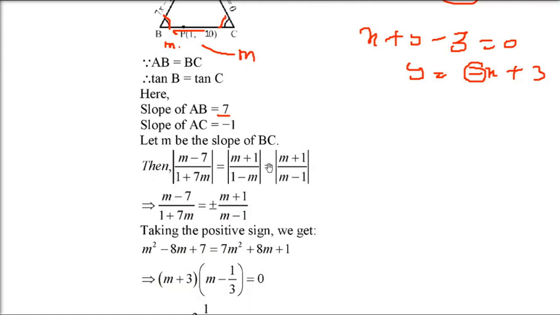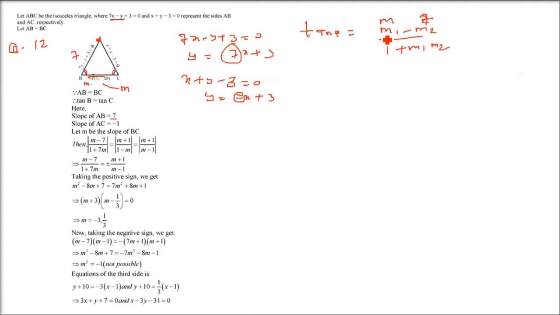As I said, we have to take plus minus both, because whenever we talk about tan or slope, we have to take it from the positive x-axis.